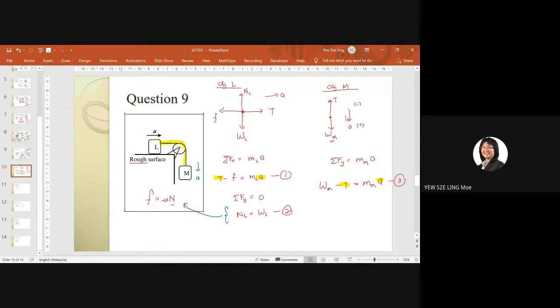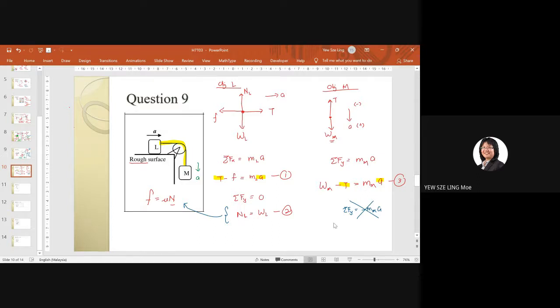Now, sometimes for object M, when you look at reference books, they will write it as summation Fy equals negative MMA. This is when they take the upward direction as the positive direction. But because you need to modify the equation into a negative equation, I don't encourage my students to use it.